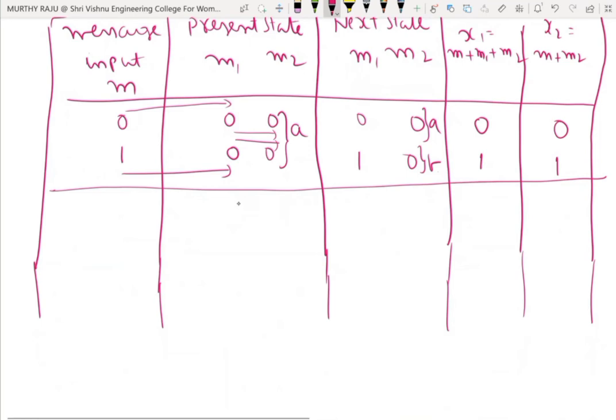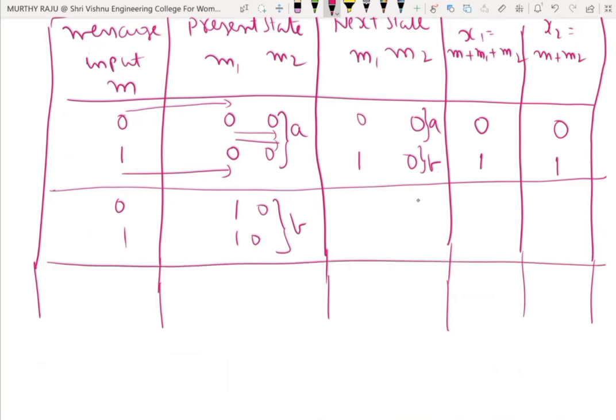Consider state B here, 1, 0, with two possibilities of M, 0 and 1. Find out x1 and x2. 0 exclusive OR with 1 exclusive OR with 0 is 1, 0 exclusive OR with 0 is 0. Here 1 exclusive OR with 1 is 0. 0 exclusive OR with 0 is 0. 1 exclusive OR with 0 is 1. Here perform the shifting operation.